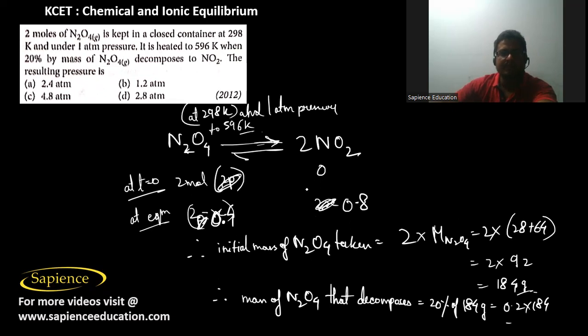The volume is kept constant, PV equals nRT. When the temperature increases, only then does the N2O4 decompose to form NO2. The volume will be constant since it is in a closed container, and the temperature will also be constant. So the pressure is proportional to the number of moles.